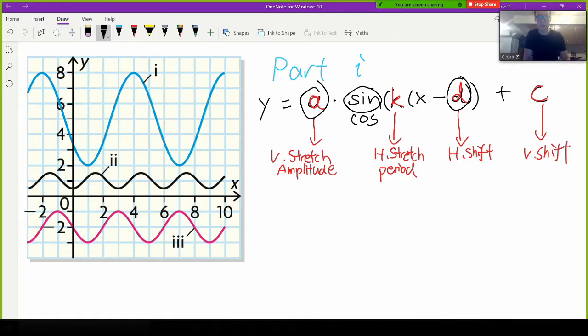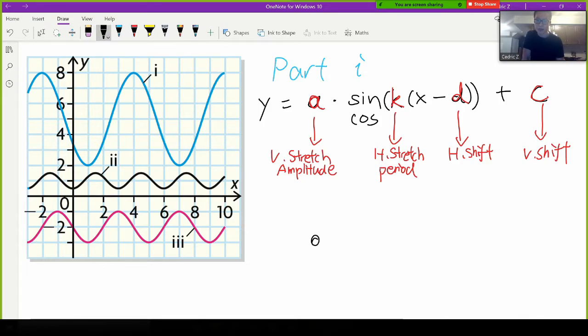And we're going to fit this blue curve to more than one sine and cosine function. Okay, so let's take a look. Do we really want to fit this blue curve to a sine graph or a cosine graph? It depends on whichever one is easier.